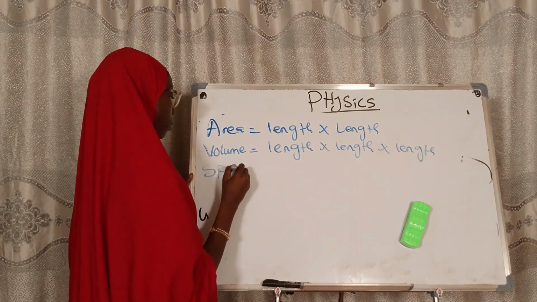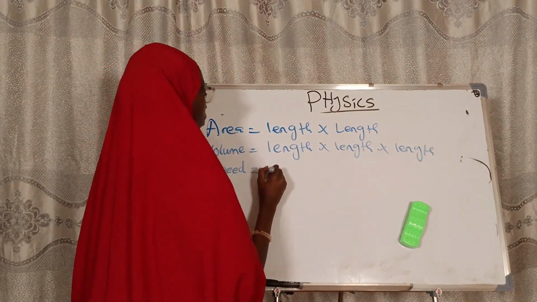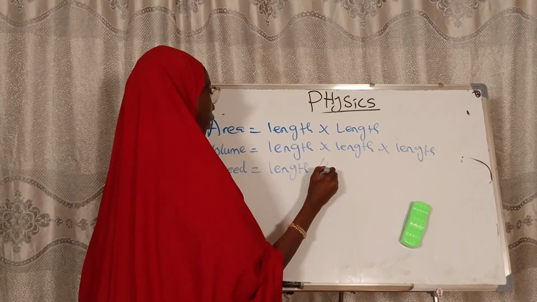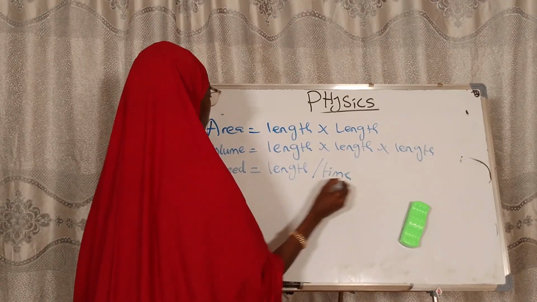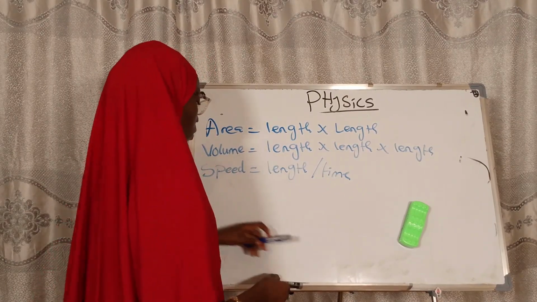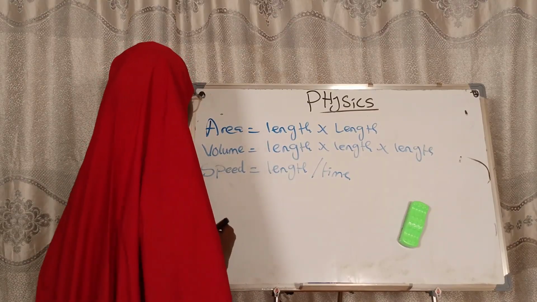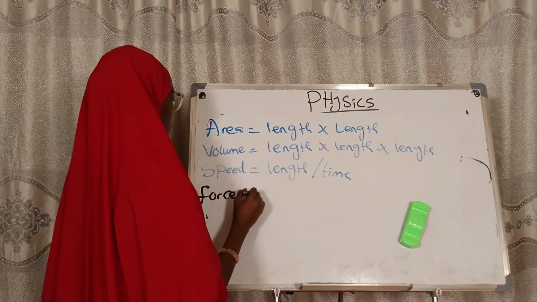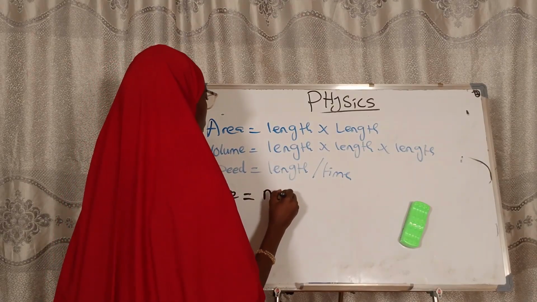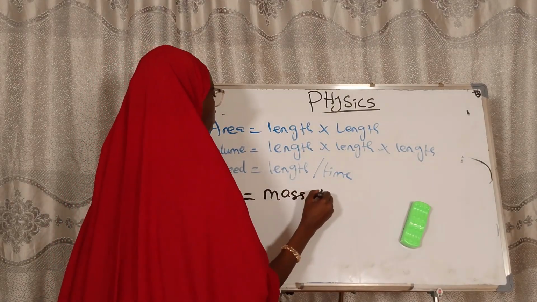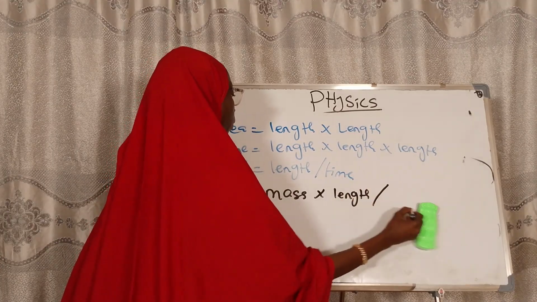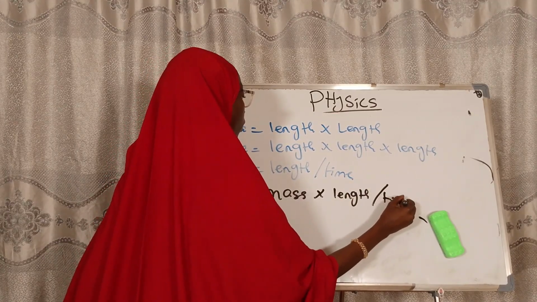Speed is equal to length divided by time. Force is equal to mass times length divided by time squared.